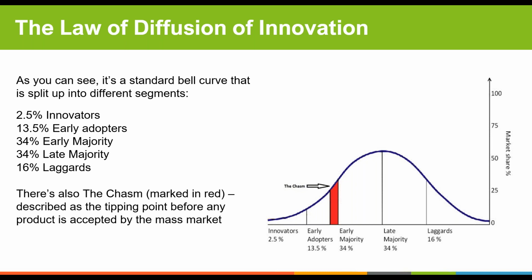And there are other people who even today still don't have mobile phones. There aren't very many left, but those people are not going to buy one, don't want one, don't want to learn how to use them. Those are the laggards, and they're at the back end of this deal. So in between, the innovators and the laggards are the early adopters, the early majority, and the late majority.